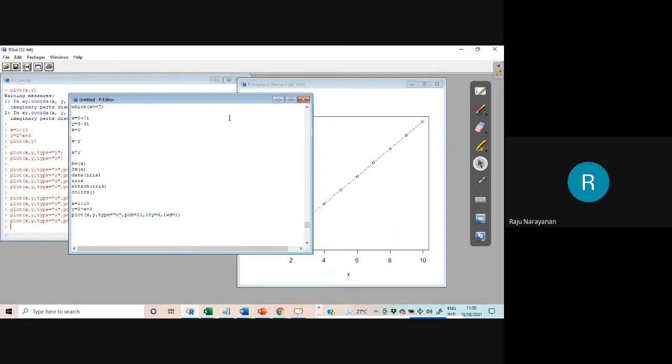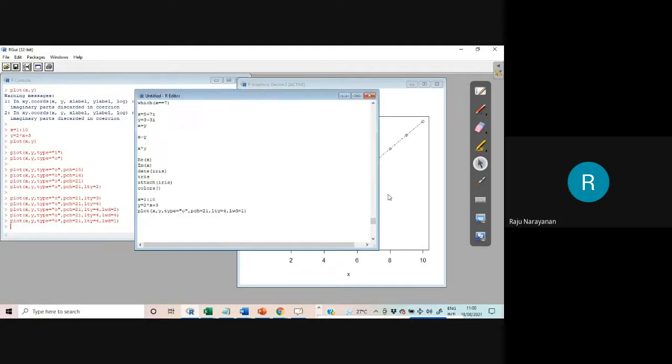Therefore, these are the parameters. lwd is for the width of the line. lty is the type of the line. pch is the point character. Type l means line. Type o means points on the line. Simply plot means simply a scatter plot, where those points are not connected.